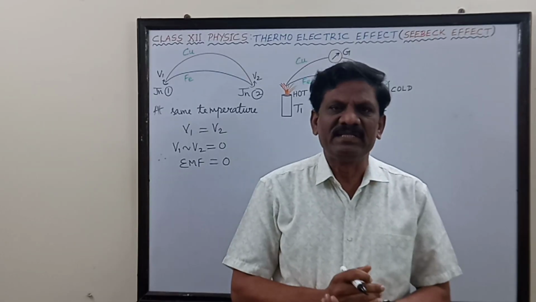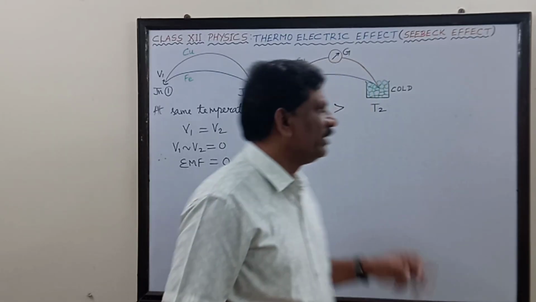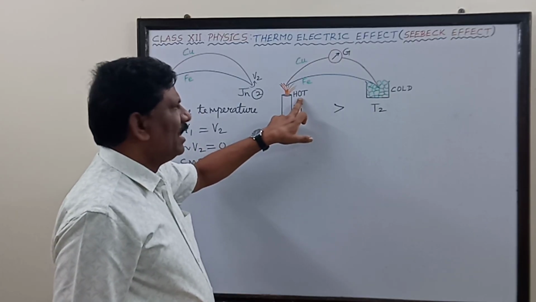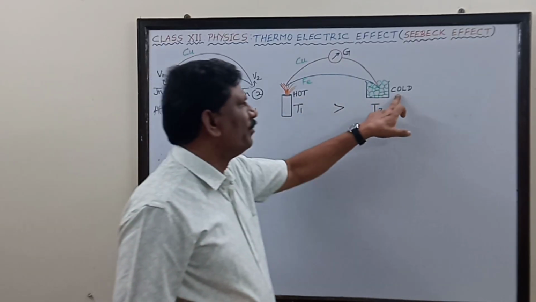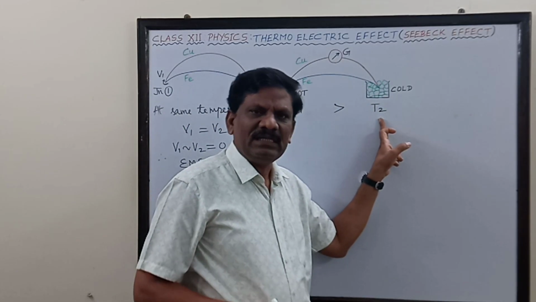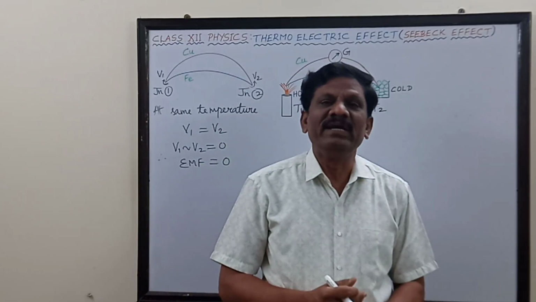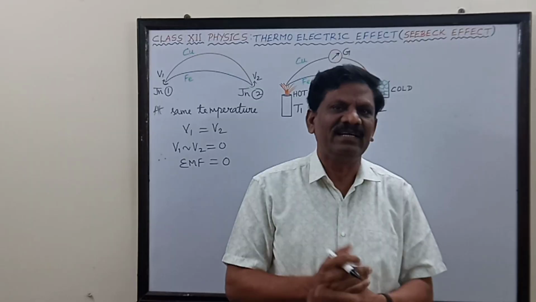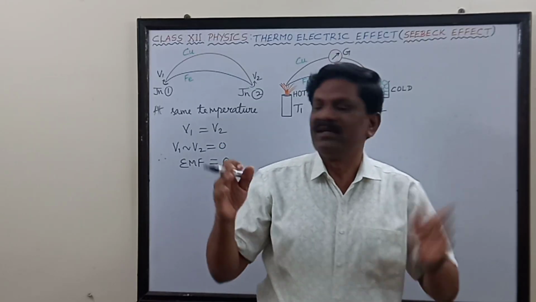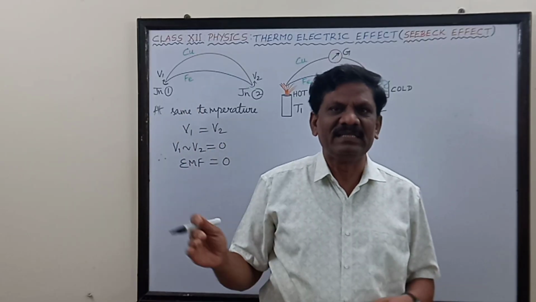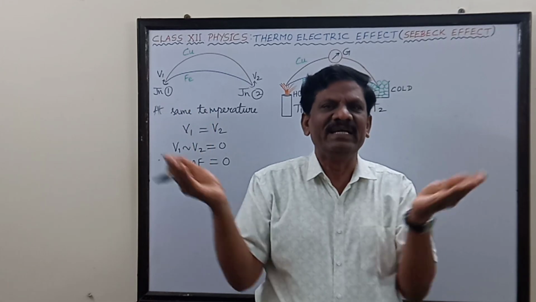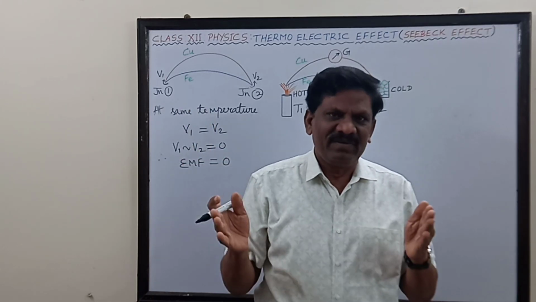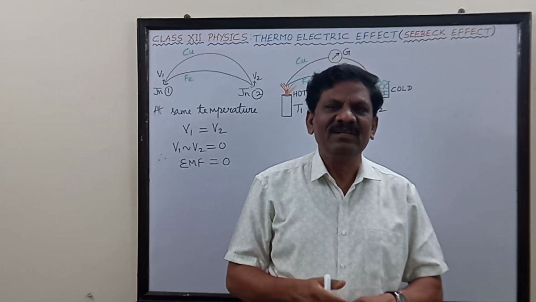So what was observed by Seebeck in the second picture? Since the temperature at the hot junction is greater than the temperature at the cold junction, the number of electrons migrating from one end of the junction to the other will be different. In the earlier picture, at constant temperature, the same number of electrons were migrating across the junction, so there was no net EMF since V1 equals V2.